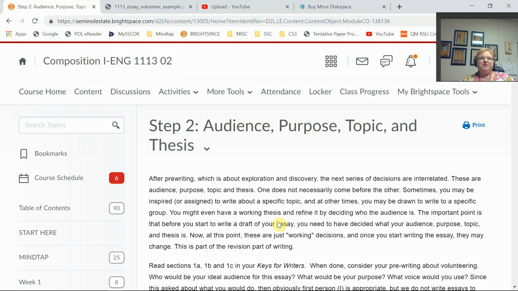Right? For this essay, though, I would even say that your audience doesn't have to be a specific group of people other than people that you want to encourage to volunteer. And so maybe you're talking about what you can volunteer, but your purpose is just to encourage everyone to kind of be reflective and figure out what they have to share, and that they should do it, right?